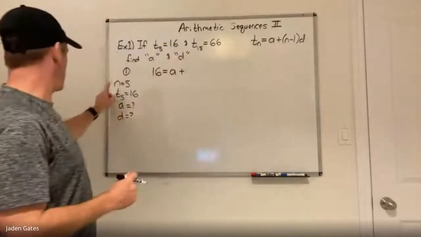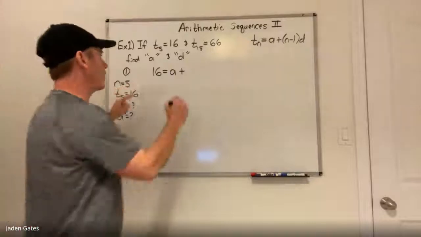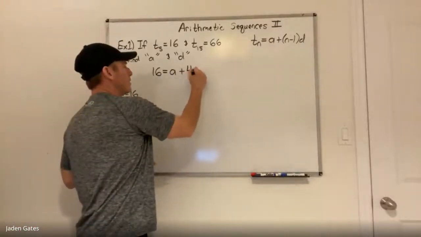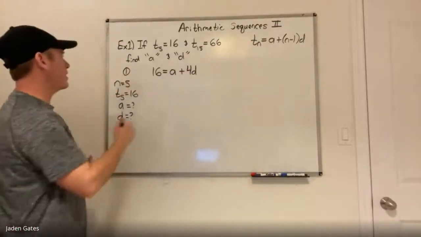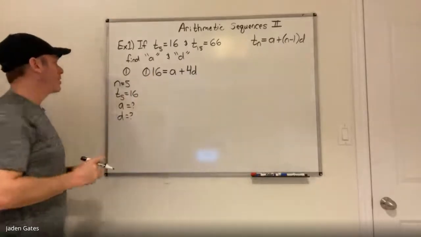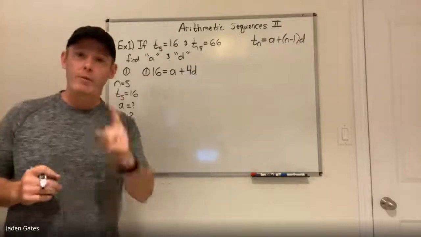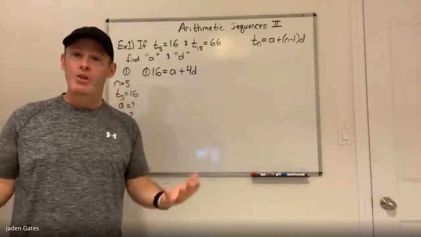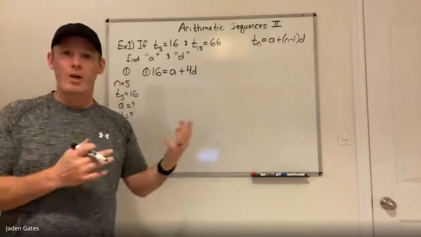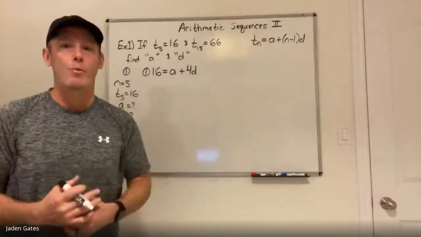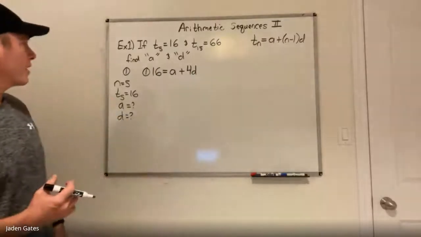Well, N is 5, so minus 1 is 4, times the D. So there's an equation. The problem with this equation is I can't solve for A and D because I only have one equation and I have 2 unknowns. When you're solving any equation, you have to know everything but one thing. Don't have any luck there.